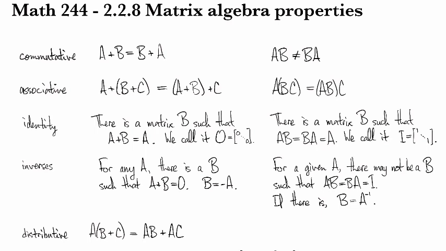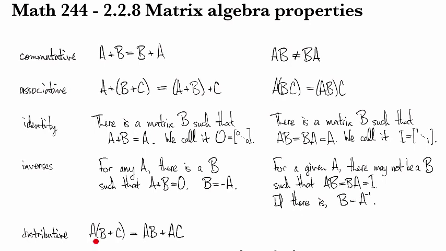Now this is weird. It's a departure from numbers, because with numbers, the only thing that does not have a multiplicative inverse is 0. For anything other than 0, you can take the reciprocal. For any x that's not equal to 0, you can take 1 over x, and if you multiply that against x, you'll get back to 1. But for matrices, there are lots of things besides 0 which are not invertible, and that's a big difference.